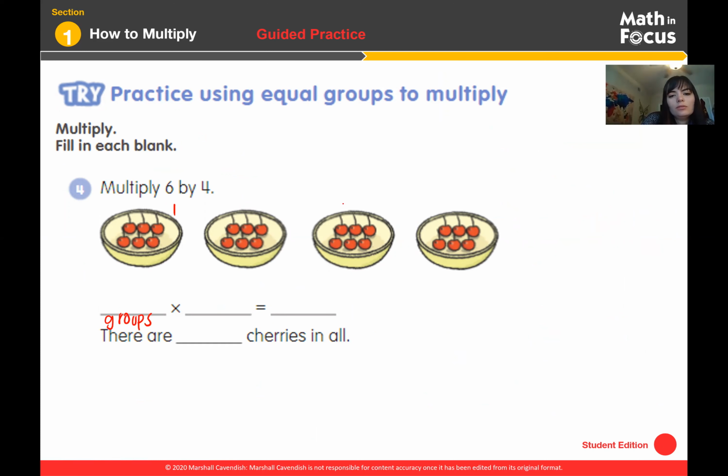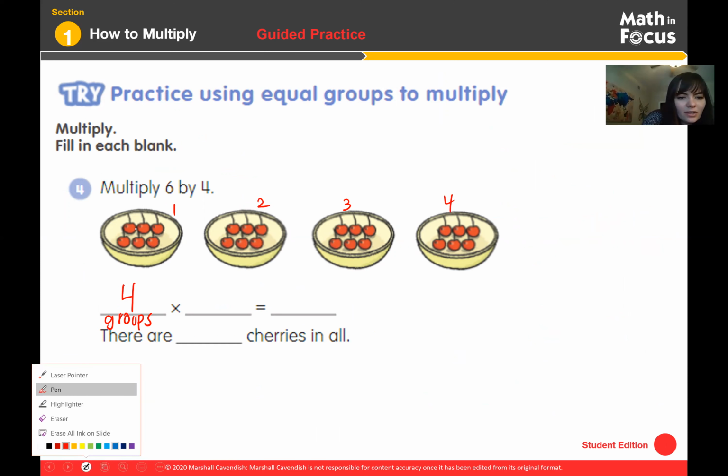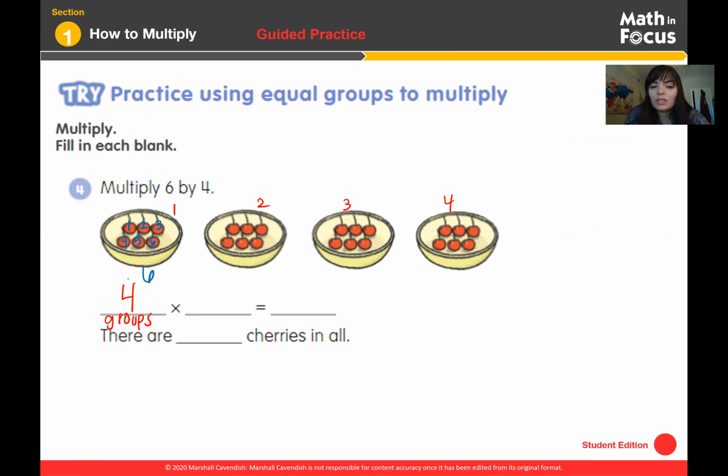1, 2, 3, 4. I have 4 groups. Now I got to count my cherries, and we got to count very carefully. 1, 2, 3, 4, 5, 6. And I would write it underneath so that you keep track. You don't want to forget where you are. So I can already say that there are 6 in each.